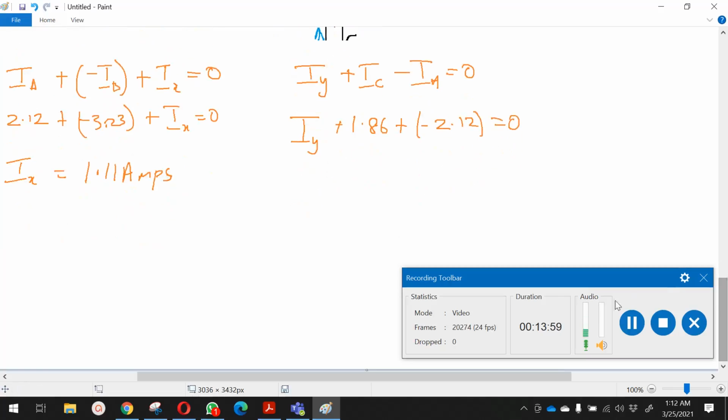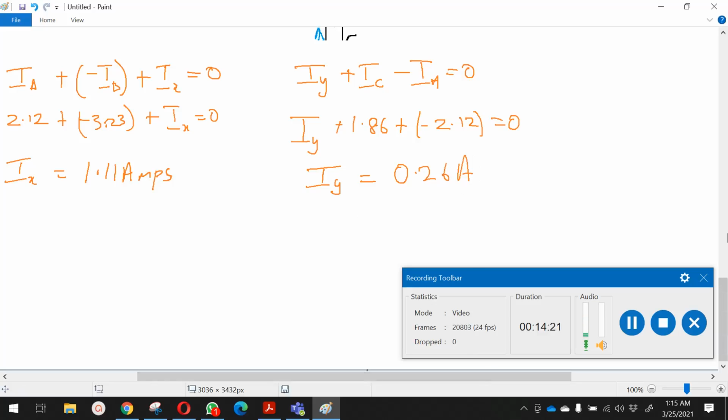Again, I'll put that in my calculator and get a quick result for you. So IY is equal to negative 0.26. Taking it across, I get 0.26 amps.